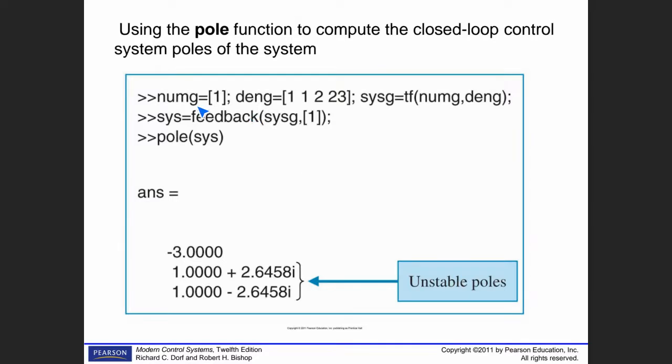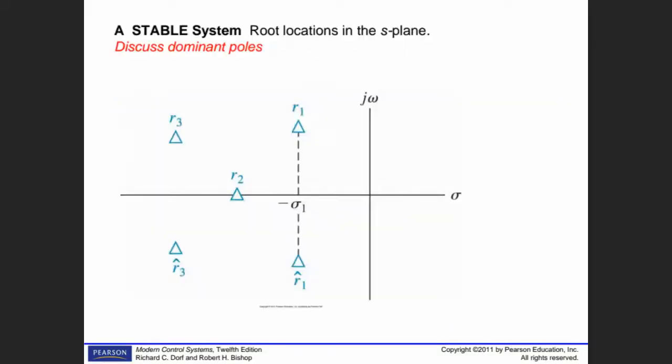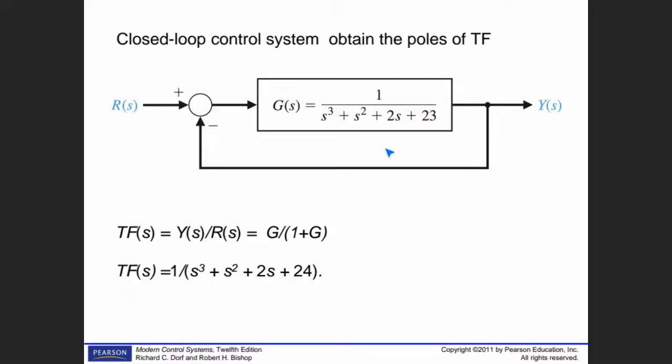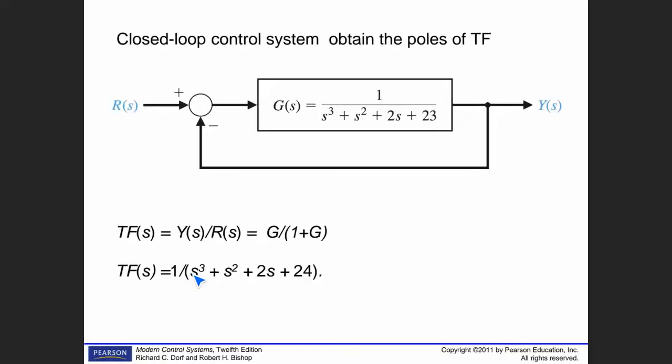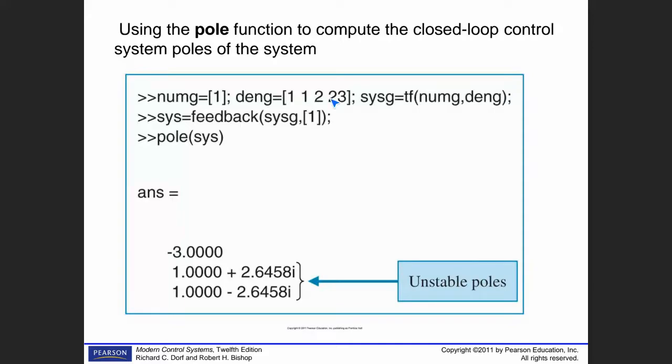Anyway, if you write num is 1, then den is 1 1 2 24. Let's go back. So this is the transfer function. Num is 1, then den is 1 1 2 24.